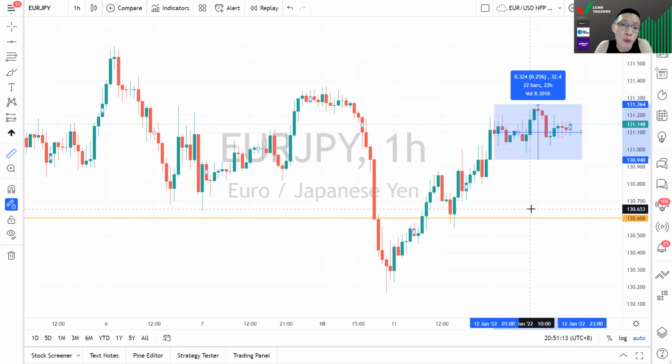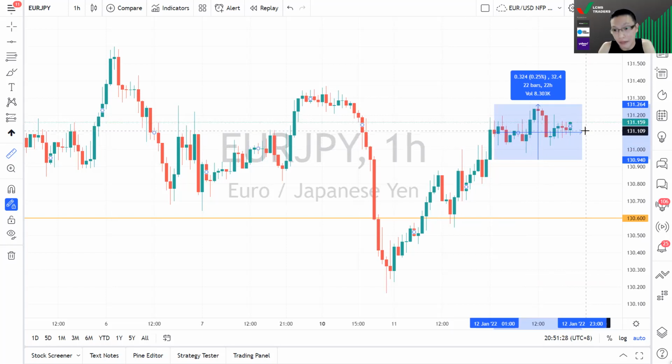My view on euro yen is I will be looking for buying opportunities at the moment. But you can still look for selling opportunities, because with this tight range that euro yen has been trading in for most part of today, we can actually look for buy stop and sell stop.